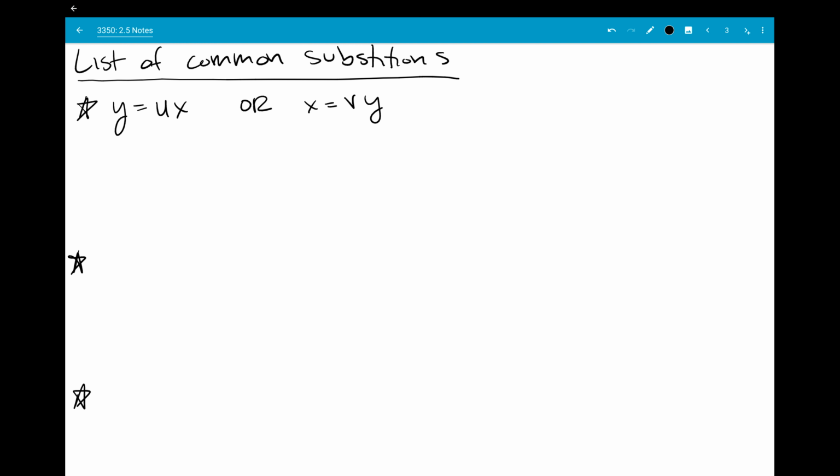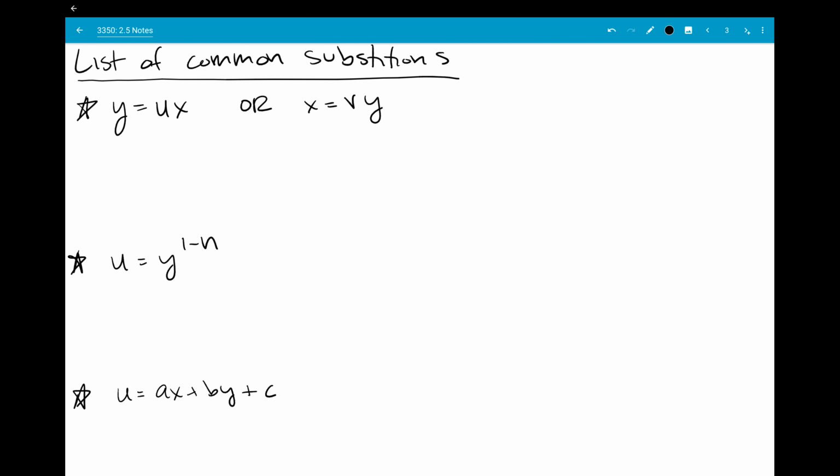I call that proportional variables. The second is the type you use to solve Bernoulli equations, using something like u equal to y to the 1 minus n. The last one is linear combinations, so u equal to a times x plus b times y plus c. Those are the 3 things we're going to go over, and then I'll write how we'll see when to use those, and in our videos we'll actually practice using them.